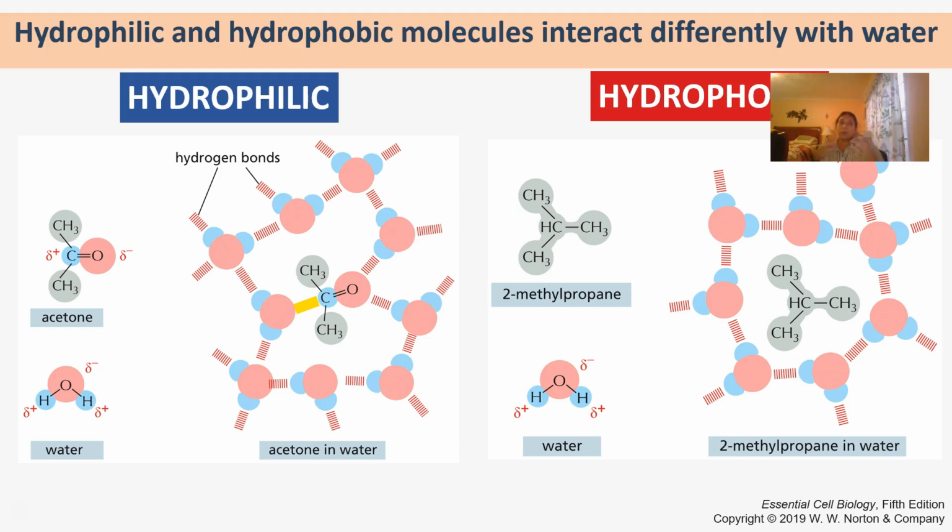Now, when we are looking at how these molecules are going to interact inside the normal environment of a cell, remember the majority of the cell's environment is aqueous, so it contains water. 60 to 80% of our cell component is just water. So both hydrophilic and hydrophobic compounds will have to interact with water in some way, shape, or form.